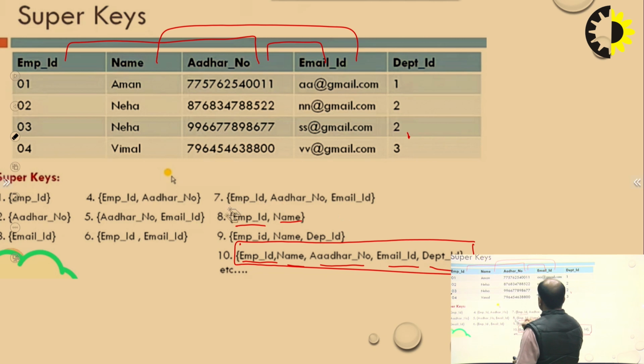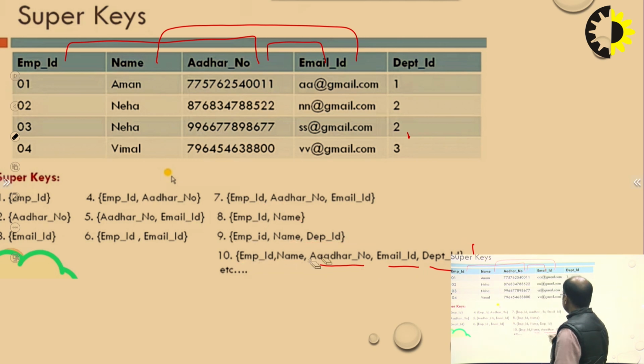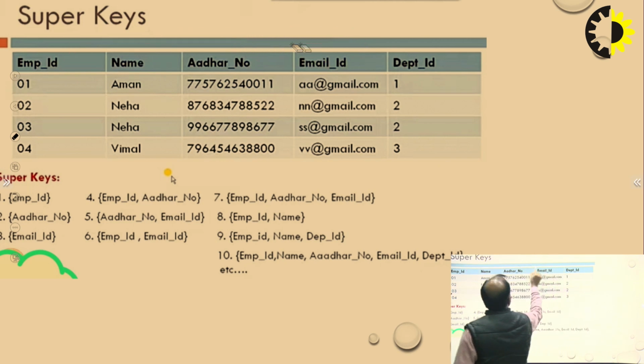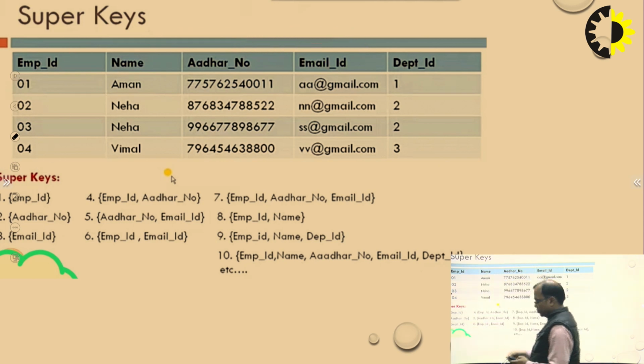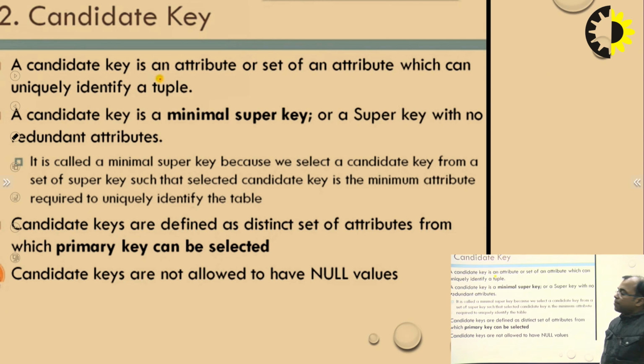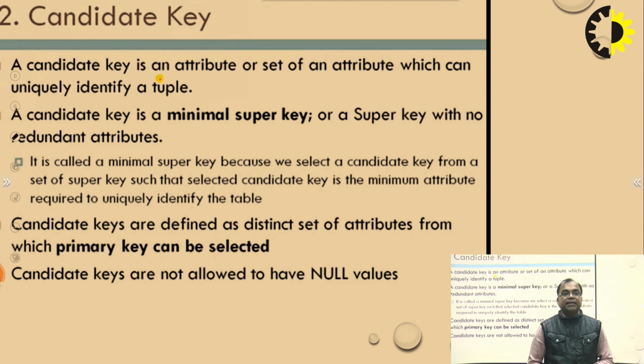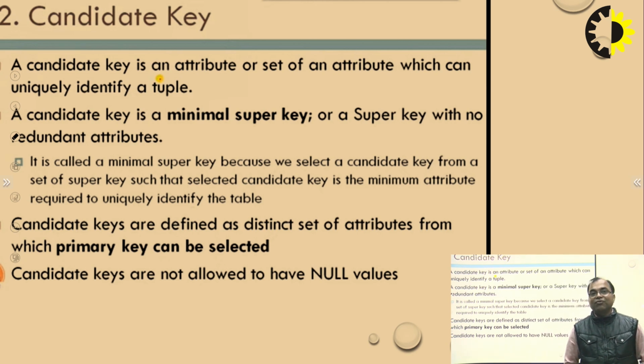Now next is, what is the use of this super key, where it is used. It is used to find the candidate key. So what is a candidate key? Basically, a candidate key is an attribute or a set of attributes which can uniquely identify a tuple.